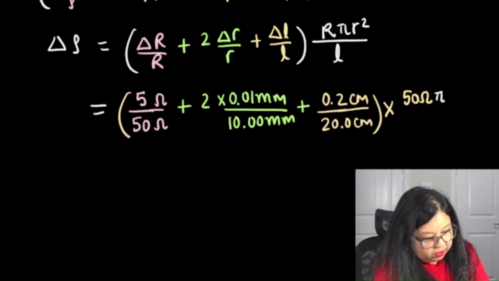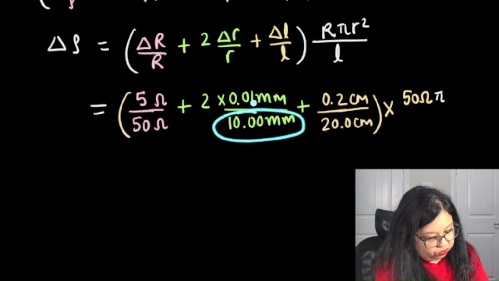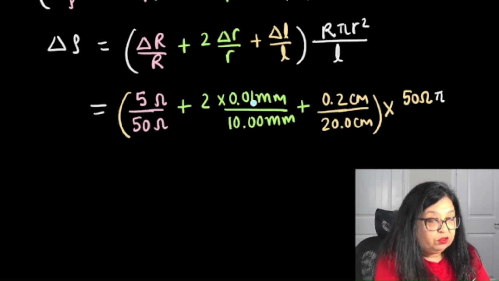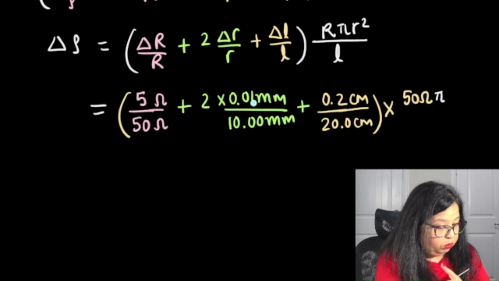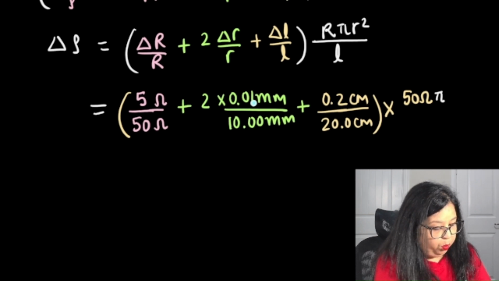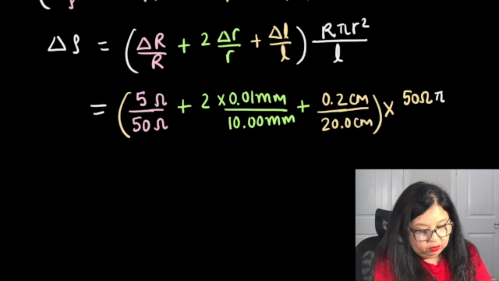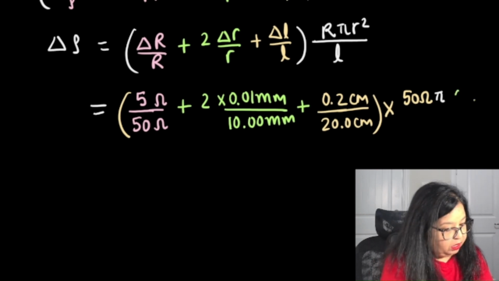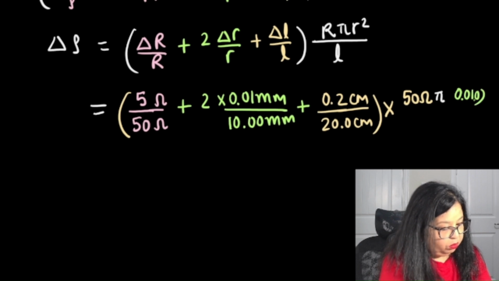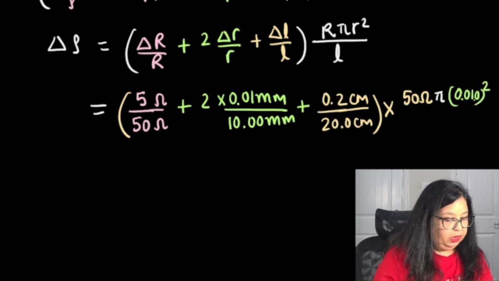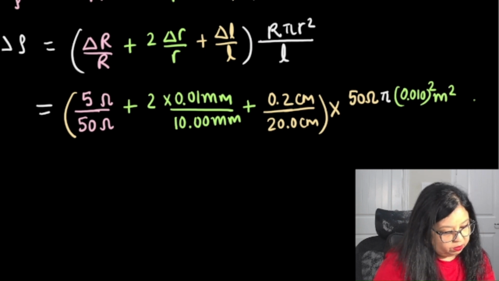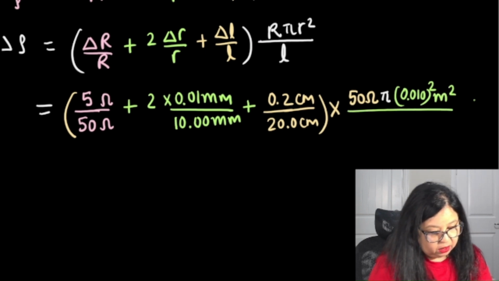Then I have radius squared, which is 10.00 millimeters. I'm going to change this to meters. So that becomes 0.010 meters. Let's write it that way. 0.010 squared. And then there will be this meter squared divided by L.